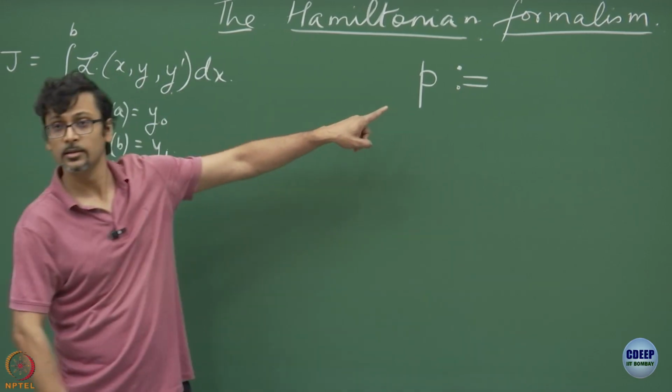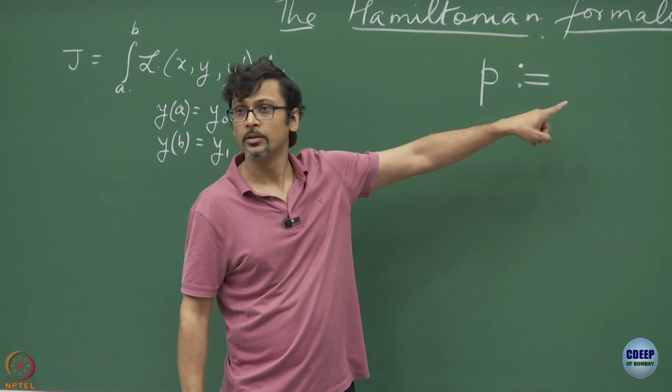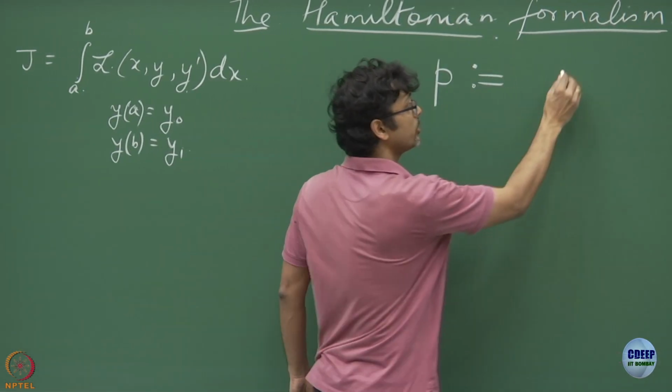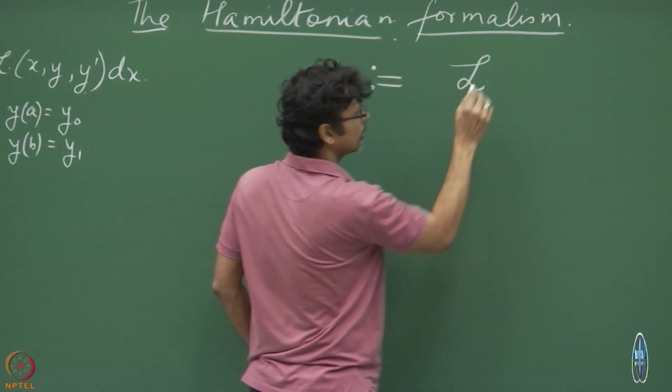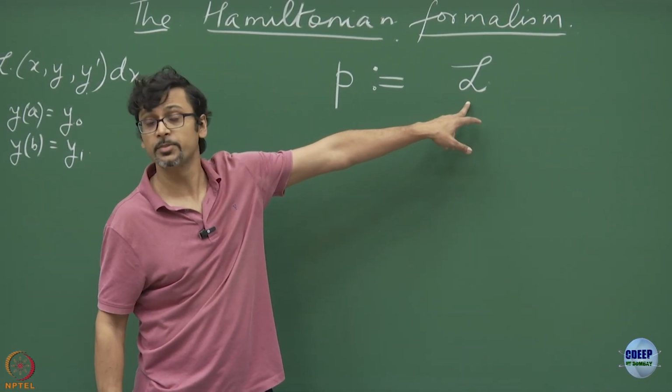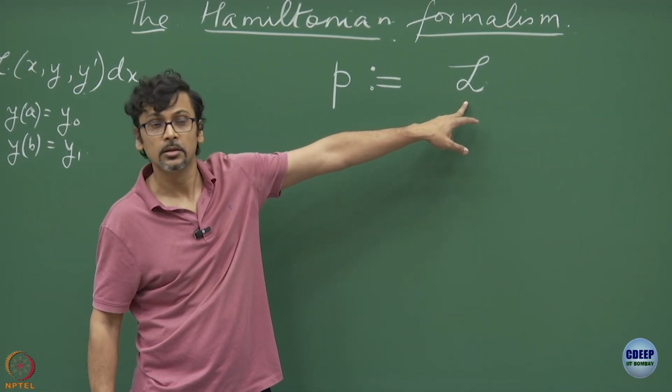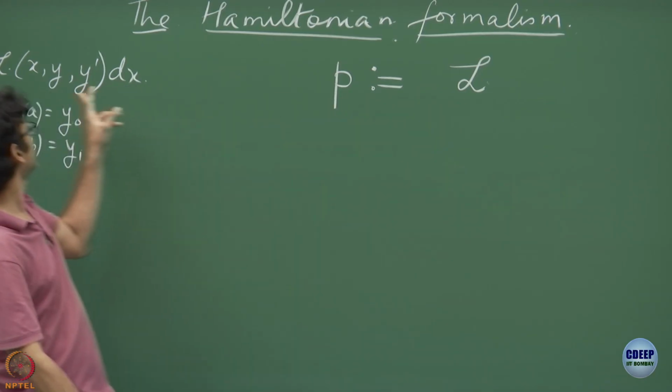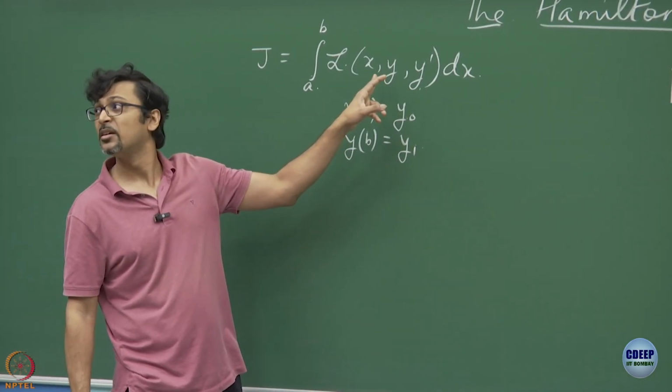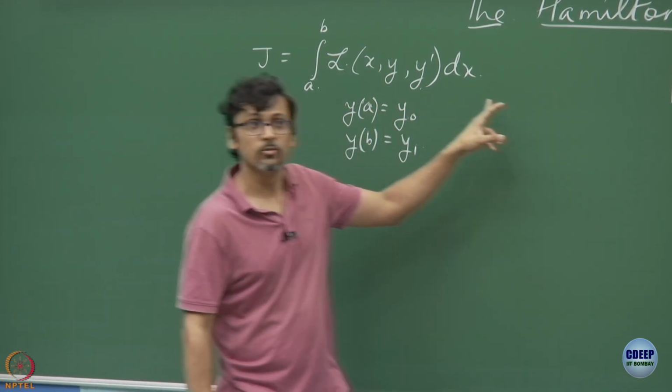What was that? If you recall the momentum, what was its definition? The partial of L with respect to which one? Which one of its arguments? Third argument, right? Y prime.